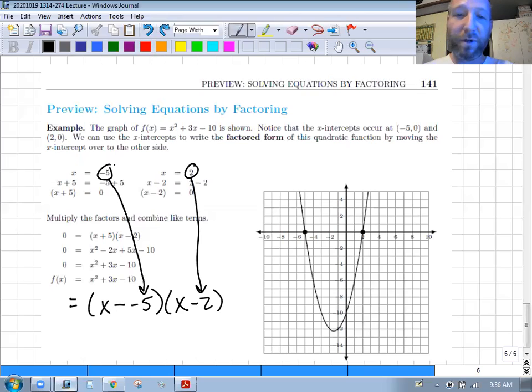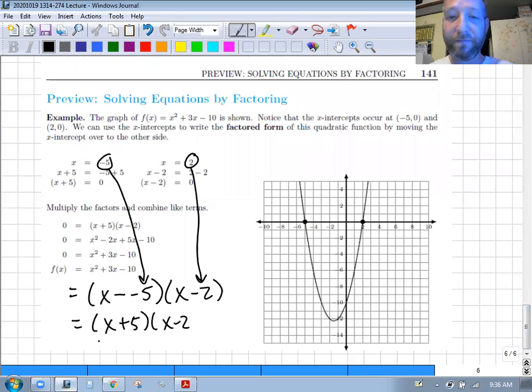So if you plug a minus 5 in for x, you'd have minus 5 plus 5, right? So you have, right, that's our factorization. This is our function, x squared plus 3x minus 10. These are the same thing.